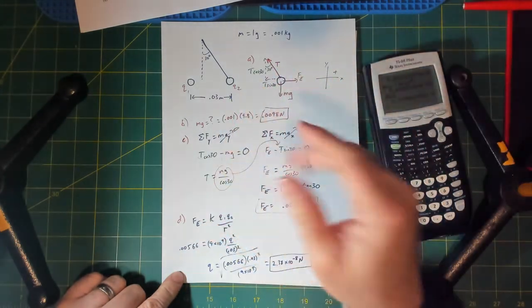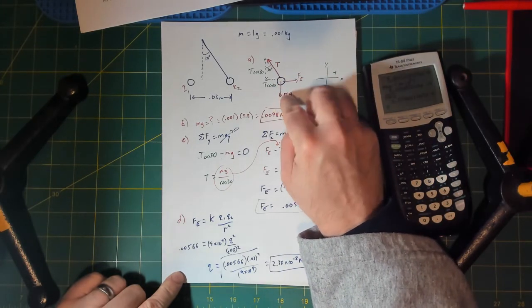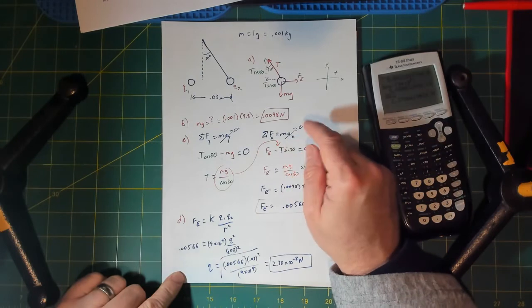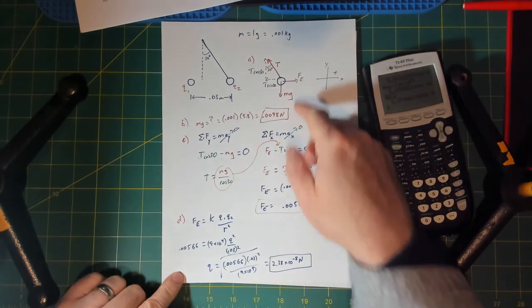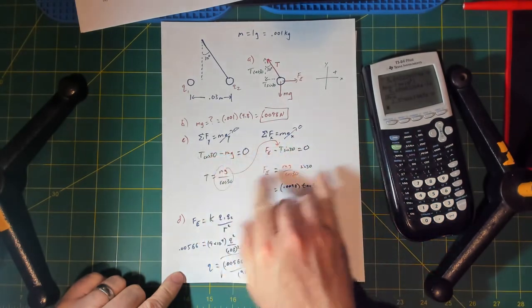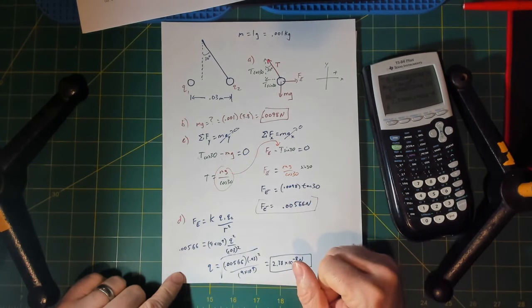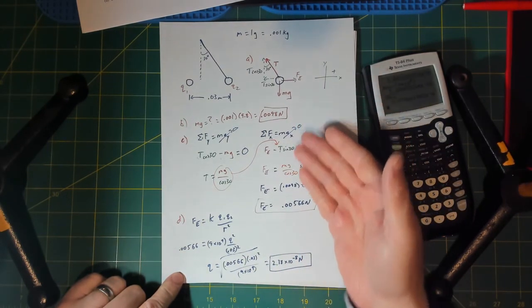You could technically do your axes whatever's convenient. Certainly, so that two of those are along the coordinate axes would be the most convenient way. So then we went ahead and did coordinate axes, split things up into components, and looked at our sum of the forces in each axis, in the y-axis and in the x-axis, and did a little subbing around. No big deal. Okay, and so that's solving a force problem with electrical force in it.